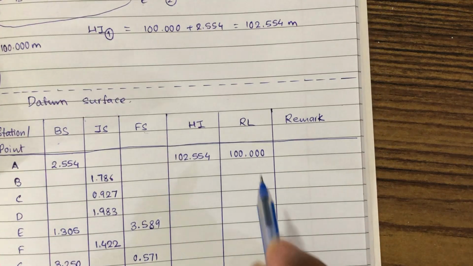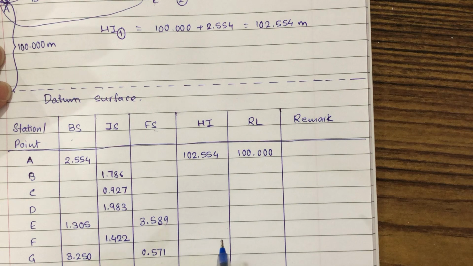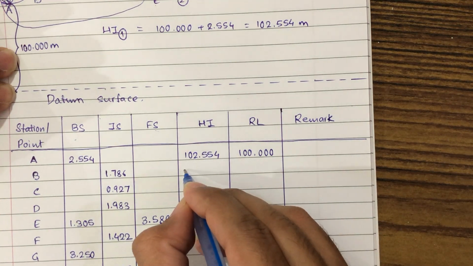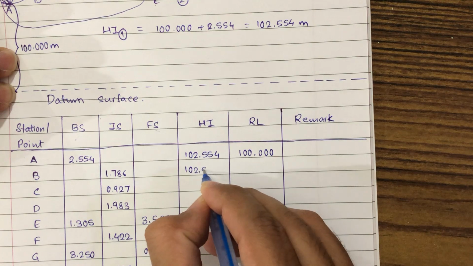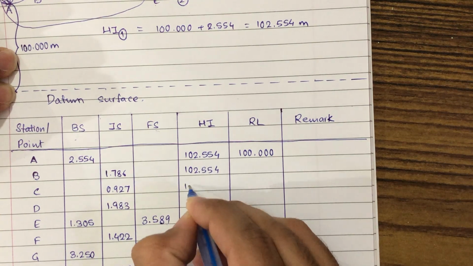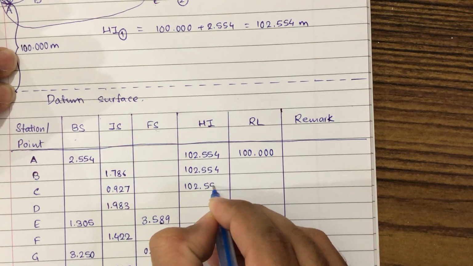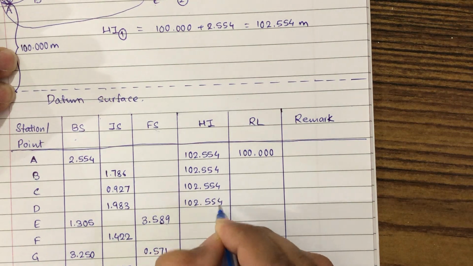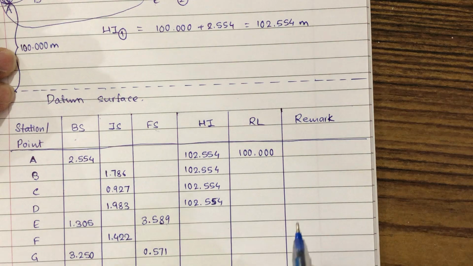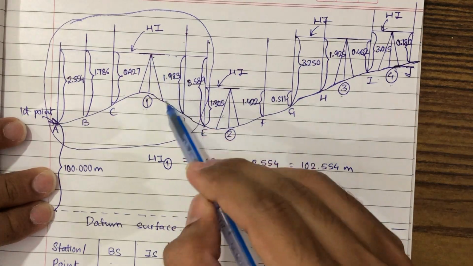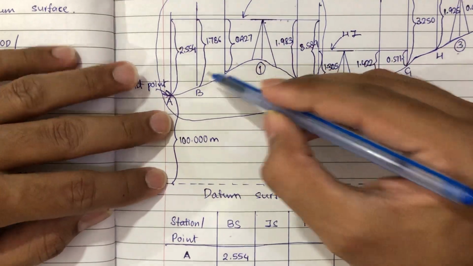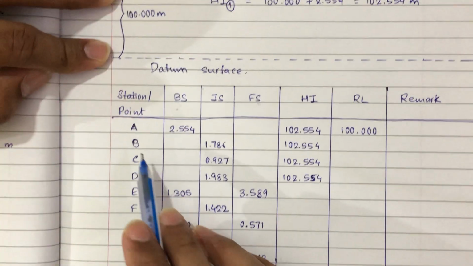Now we need to find the RL values. This HI will be constant throughout, 102.554, till here. Now we need to find the RL of these various points.